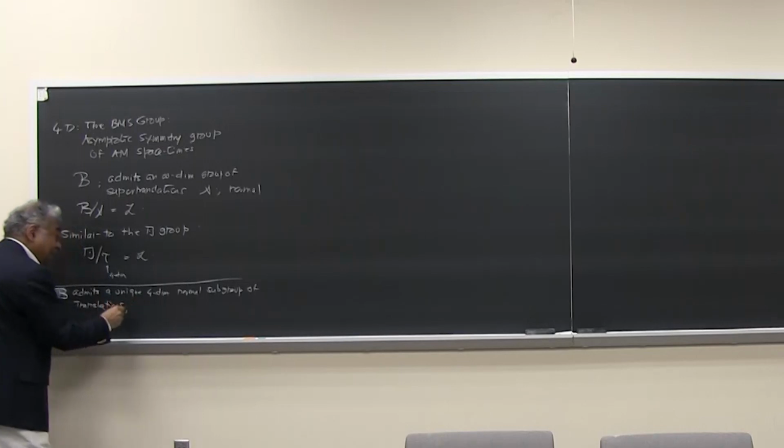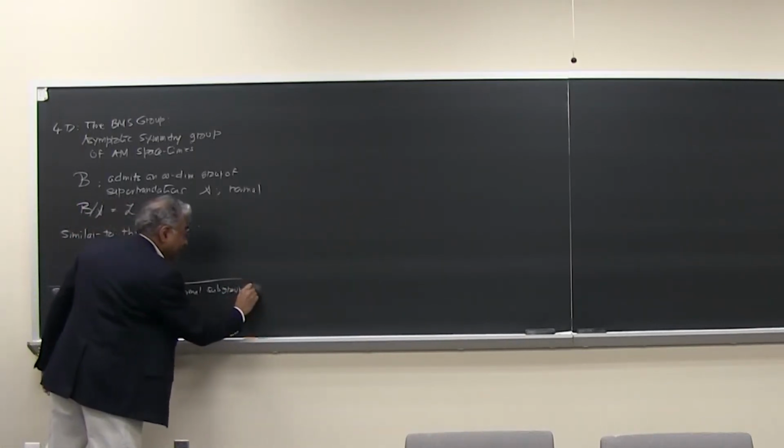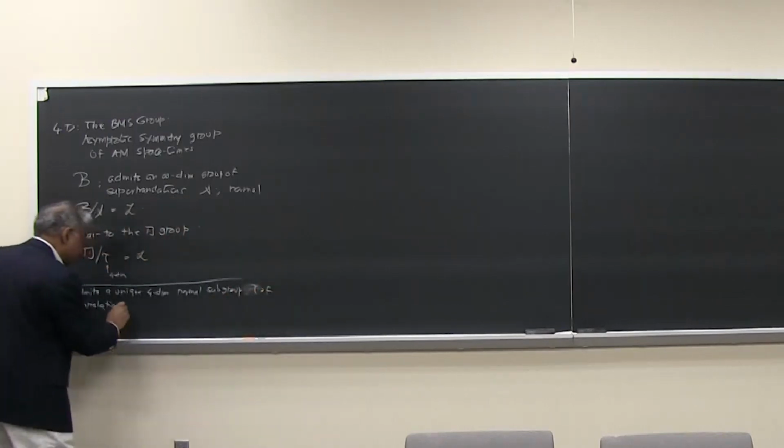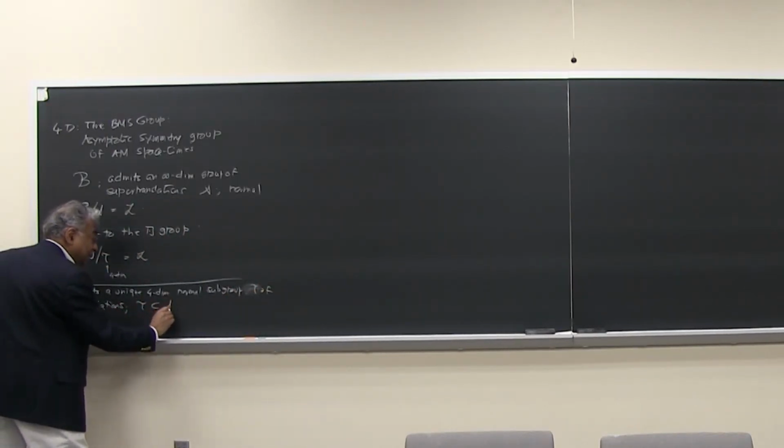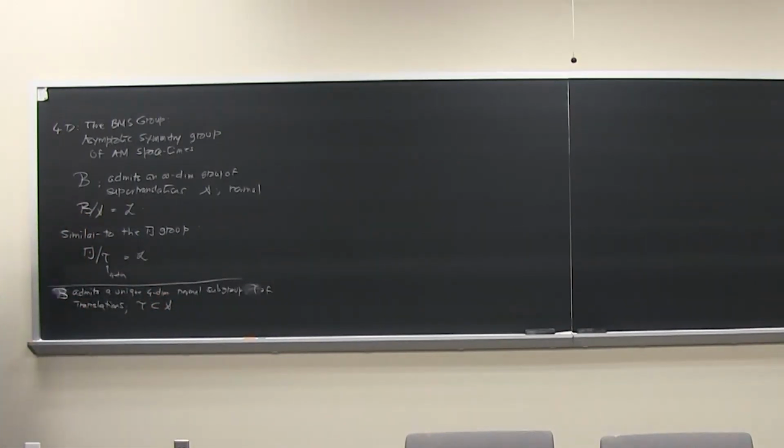And this subgroup is abelian, so let's call it also T, translations. Of course, translations are in particular supertranslations, so this is an abelian subgroup.